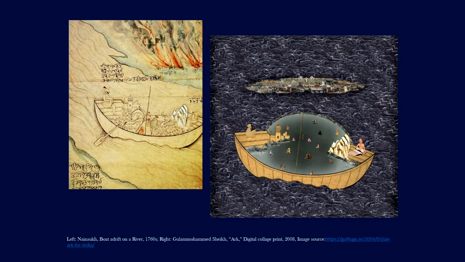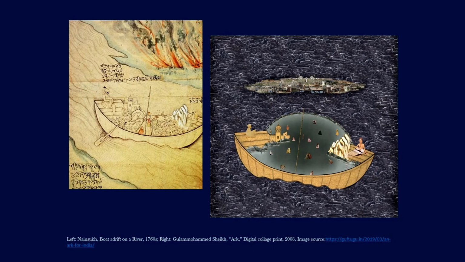So in this image, there is this boat which almost looks like Noah's boat, where we see this royal figure seated, and then part of the landscape of this land is there in this boat. So like part of the hill we find, and then there are part of architecture, greenery, and people, all of them are there in this boat. And then we see the boat is in the middle of a river.